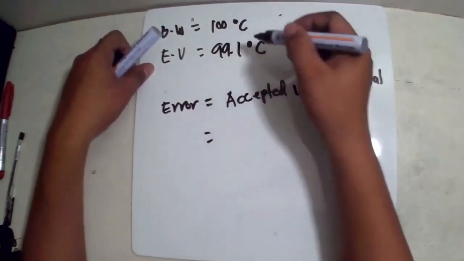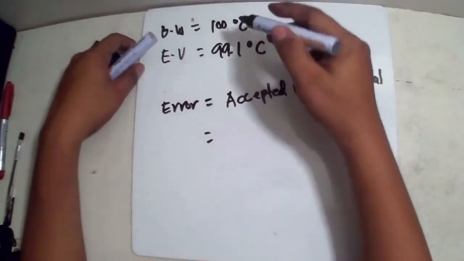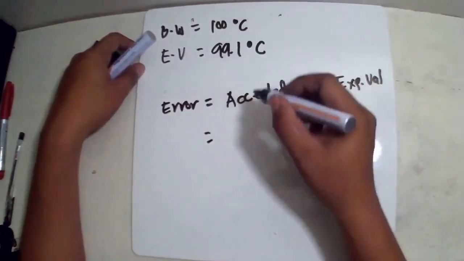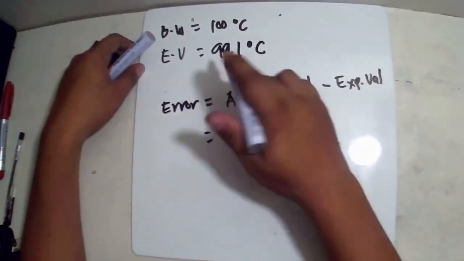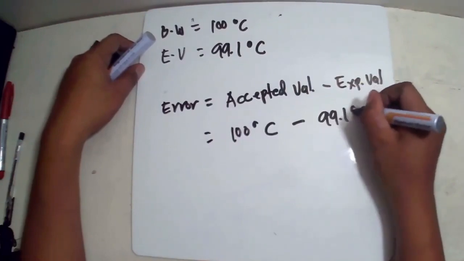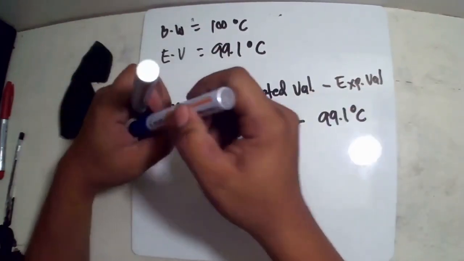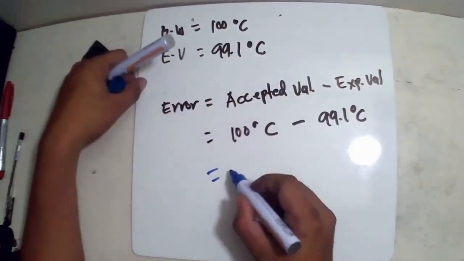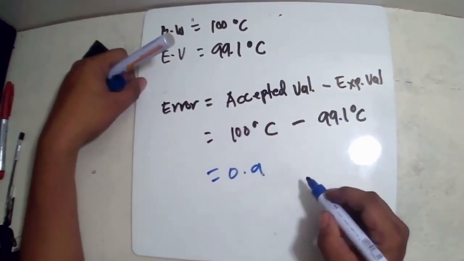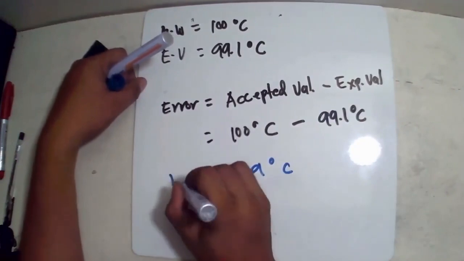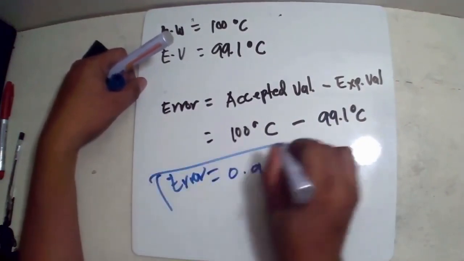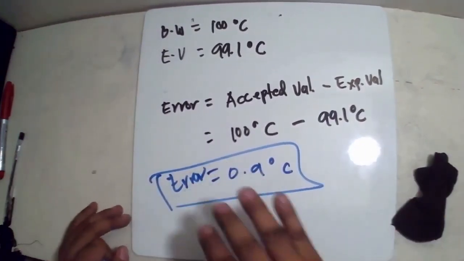So we plug in the available values: for the accepted value, 100 degrees Celsius, minus the experimental value, 99.1 degrees Celsius. Doing the operation, this gives you 0.9 degrees Celsius. This is your error of measurement. You can pause this video and copy this one.